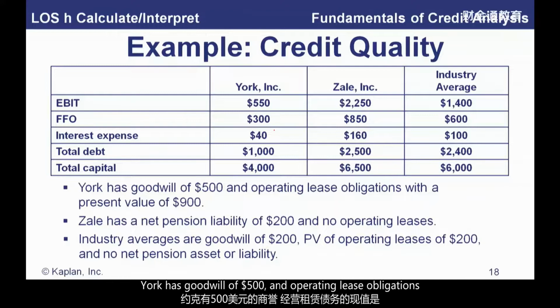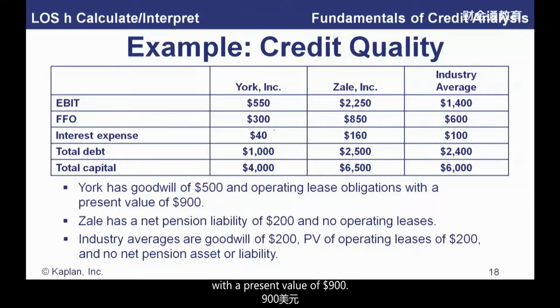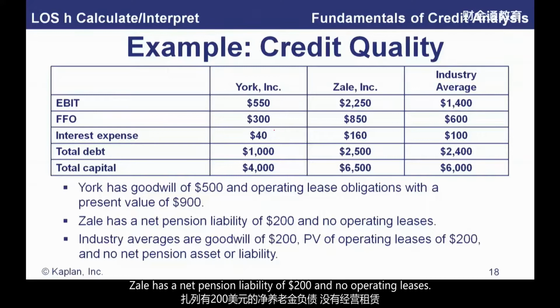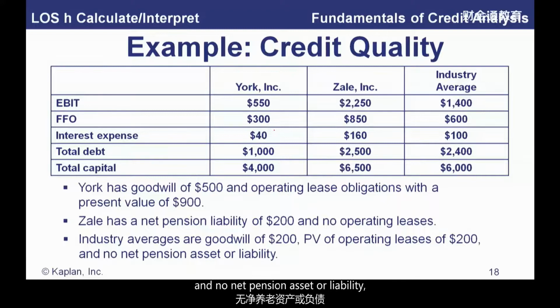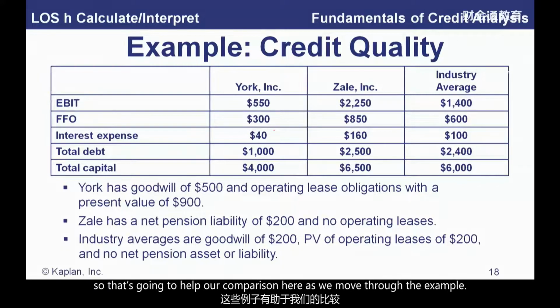York has goodwill of $500 and operating lease obligations with a present value of $900. Zale has a net pension liability and no operating leases. Industry averages are goodwill of $200, PV of operating leases of $200, and no net pension asset or liability. So that's going to help our comparisons here as we move through this example.